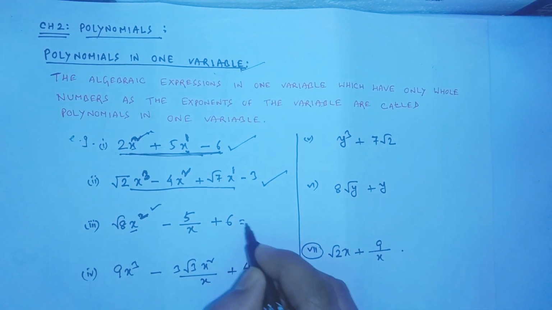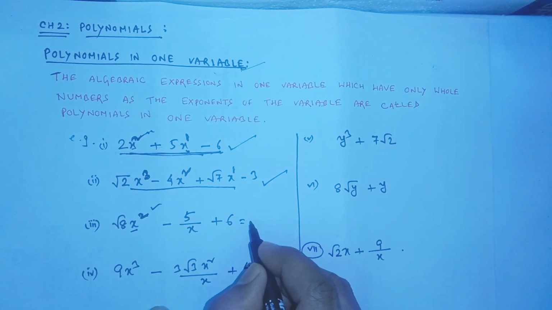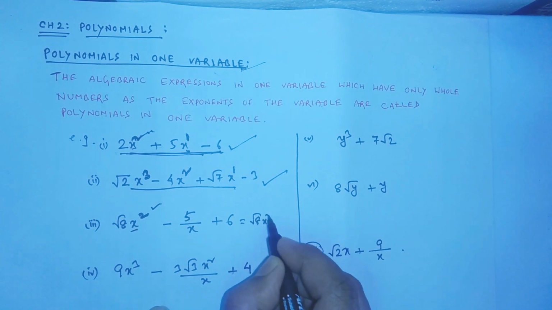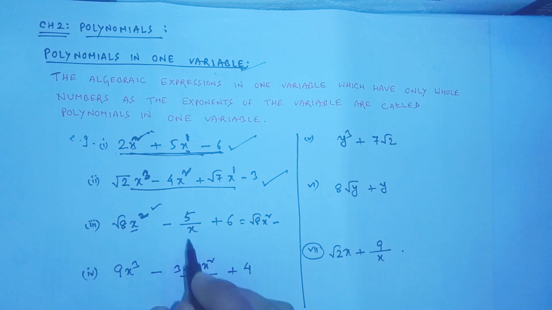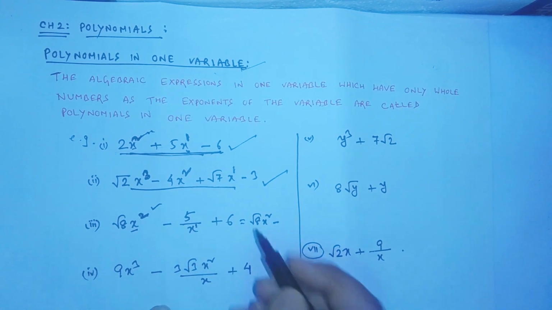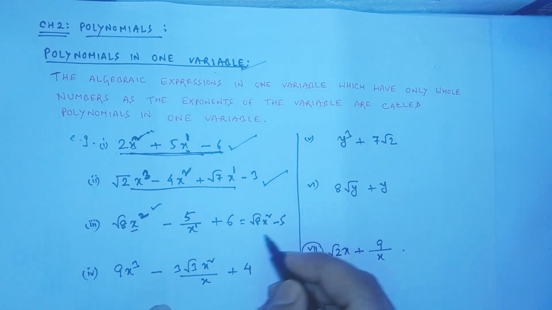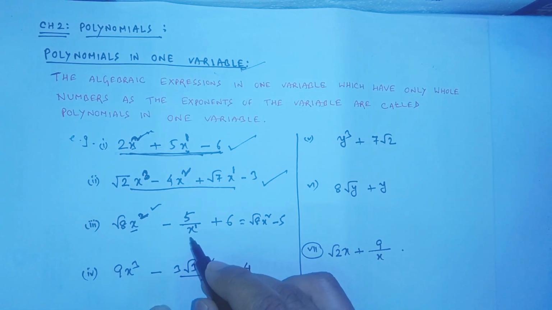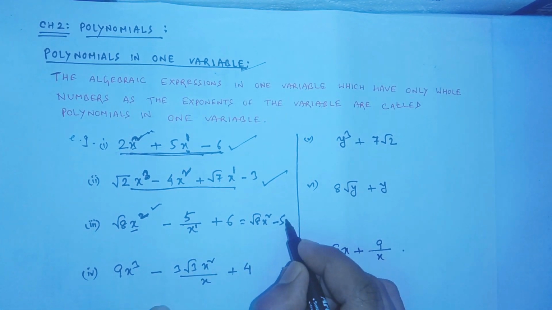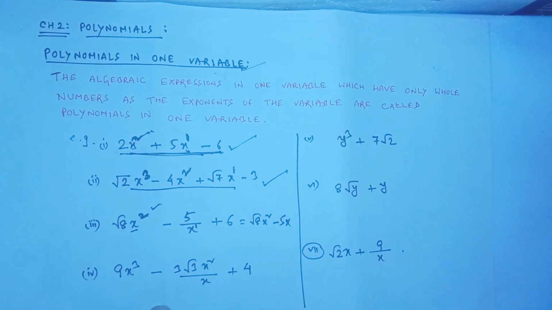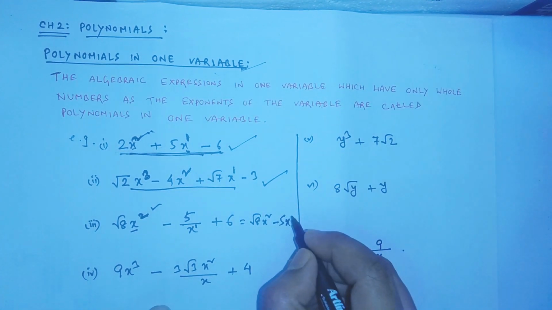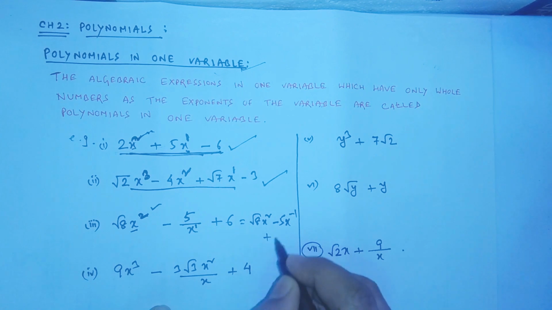If I rewrite this algebraic expression, it will be root 8 x square minus 5 by x to the power 1. You have already learned that if it is x to the power 1 in the denominator, in the numerator it becomes x to the power minus 1, plus 6.